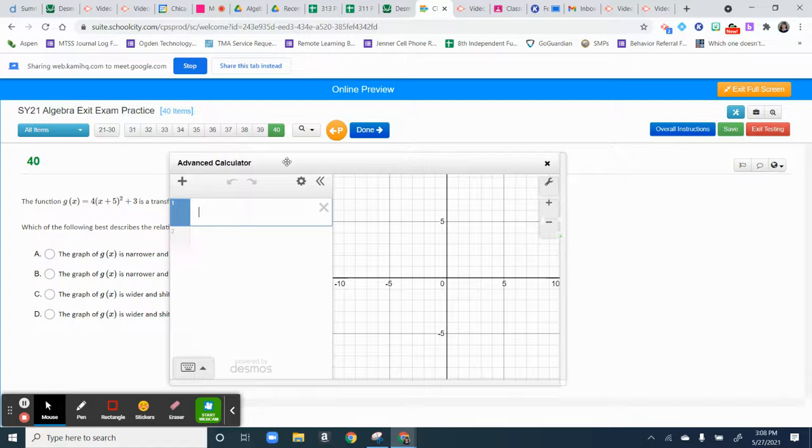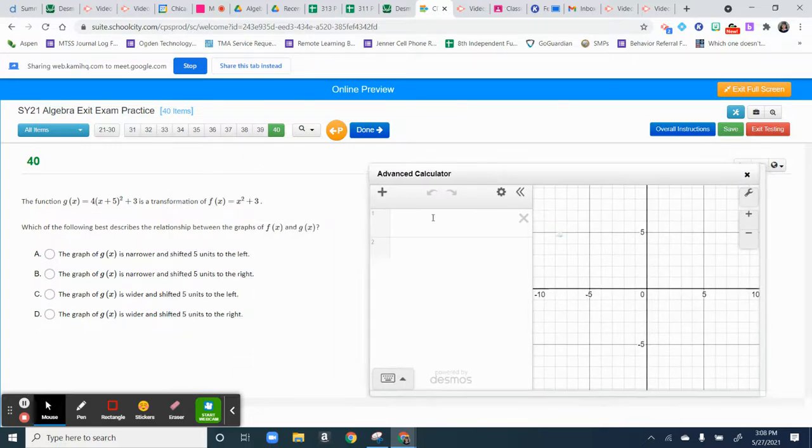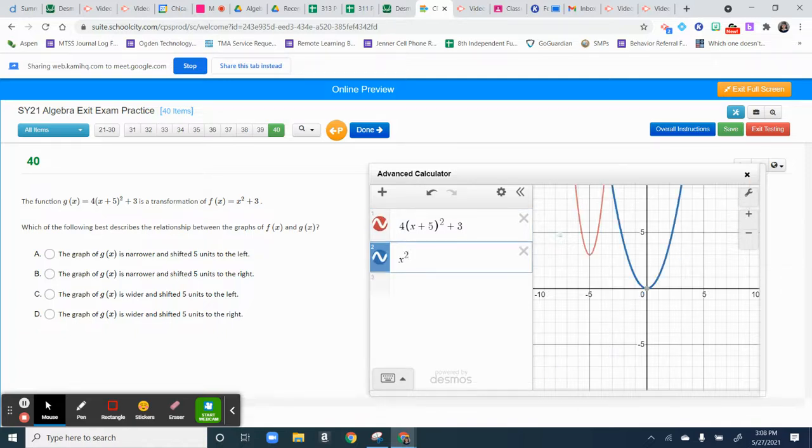It doesn't matter which one you put in first. 4 times (x plus 5) squared plus 3 and x squared plus 3.